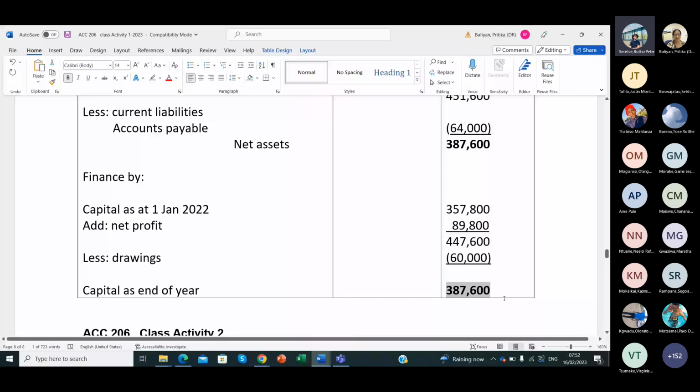So the format of a statement of financial position and income statement is the same as we did in the previous course. The only additional part is the manufacturing account. You have to separately calculate the cost of production for that financial year, or if we are doing it for 6 months, for half of the year or quarterly. We just additionally prepare the manufacturing account. Otherwise, the rest is the same as we did previously.